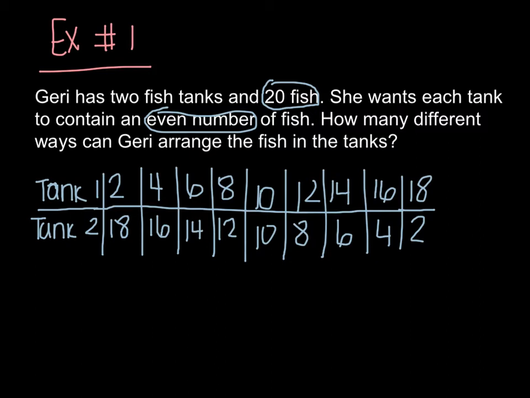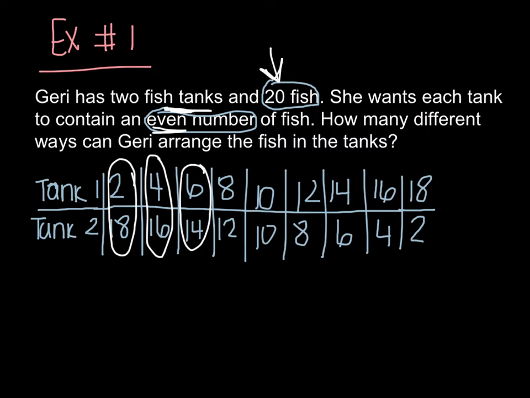Now I know that is all my combinations because I can only do even numbers, and she only has 20 fish, and all my combinations add up to 20.